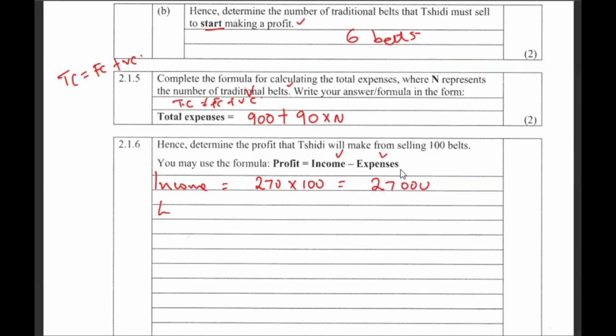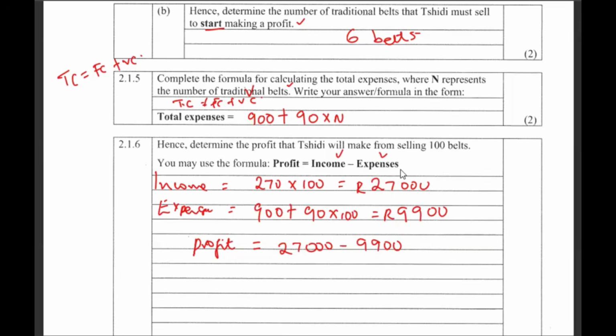Then when we look at the expenses, using the formula that we used above, it's going to be 900 plus 90 times 100. So this is going to be 9,900, okay? And then for us to get the profit is going to be 27,000 minus 9,900.